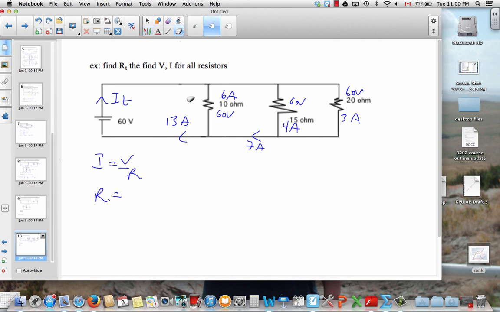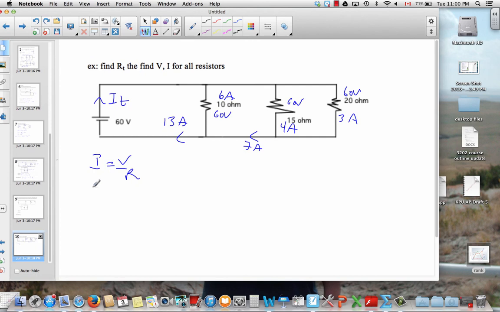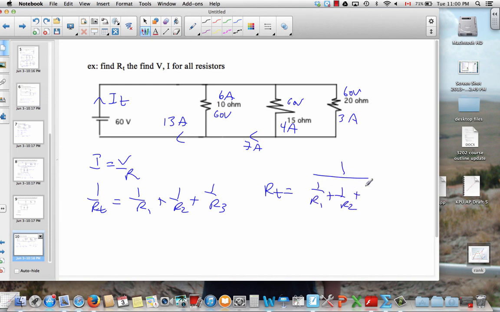Now in parallel, the rule for adding resistors is you add the reciprocals and then take the reciprocal of that. So 1 over RT is going to be 1 over R1 plus 1 over R2 plus 1 over R3, or as it's sometimes written, do the sum of the reciprocals and then take the reciprocal of that.